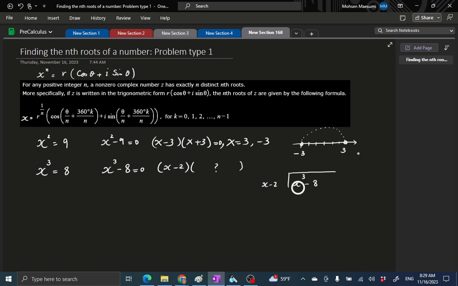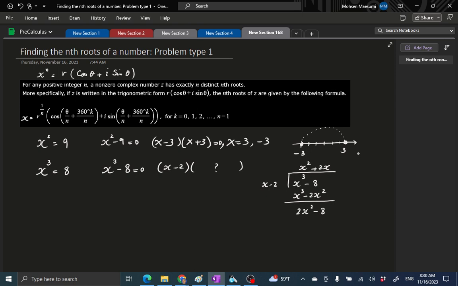So I divide x cubed by x, and that gives me x squared. Take x squared, multiply by that. I get x cubed minus 2x squared. Subtract this from that one. When I subtract it, the x cubes cancel, and I get 2x squared minus 8 left. Now I take 2x squared divided by x, I get 2x.